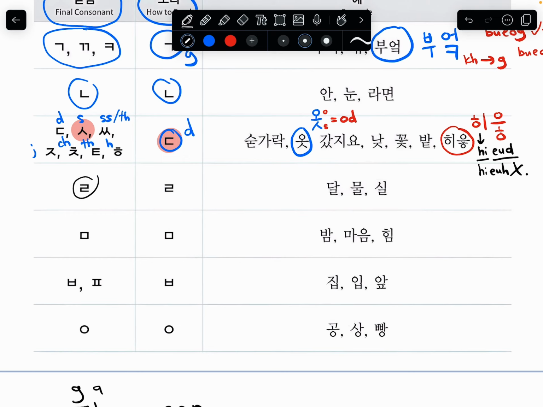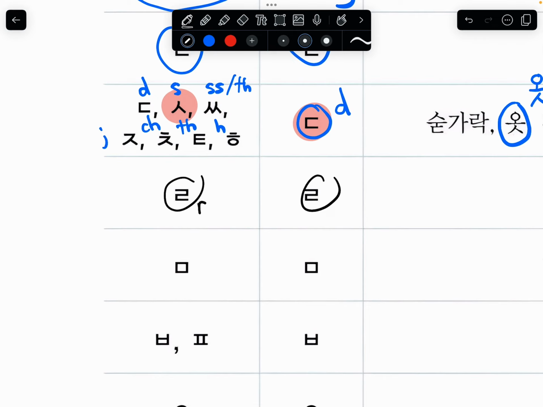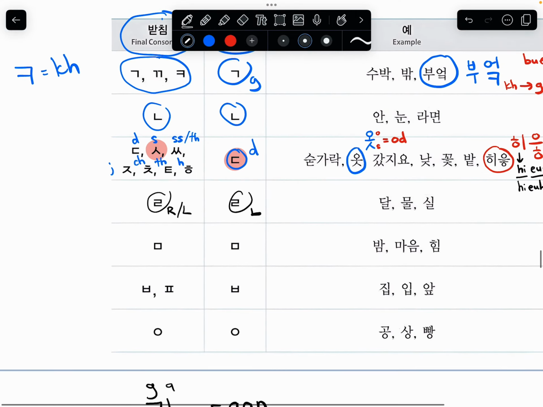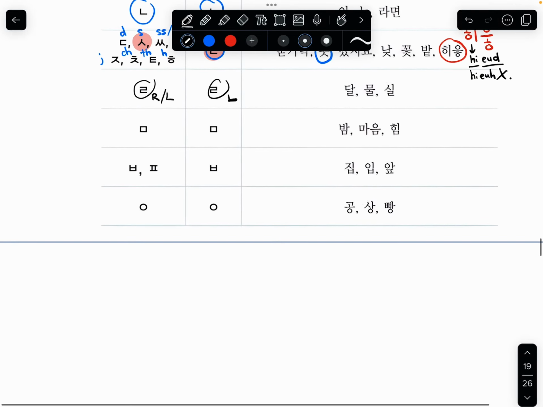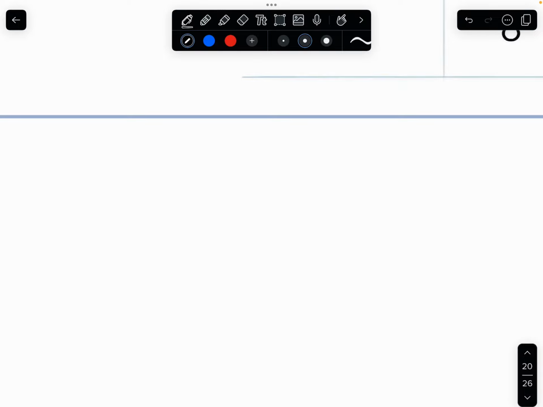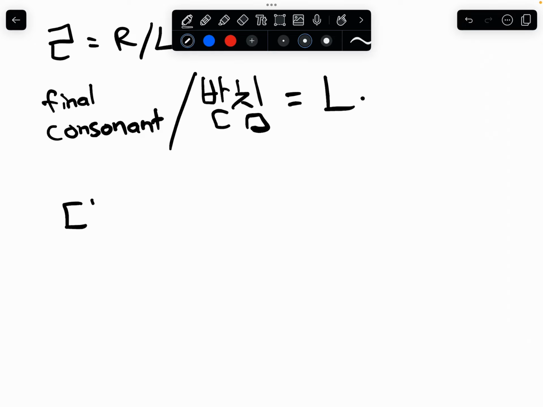So L becomes L. Okay, this one is important. So this shape, I said this one is R or L, right? And then this one will always be L. Okay, I will show you an example of when it becomes R and when it becomes L. So this one, I said can become R or L. But for a final consonant or badchim, this one is always L. So for example, you put D-A-L.